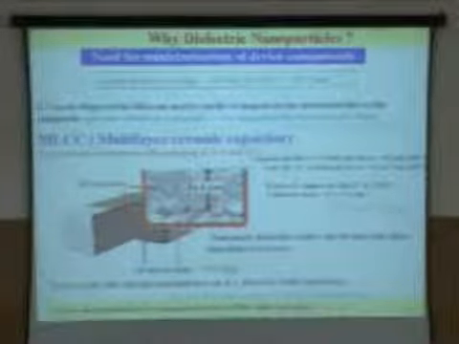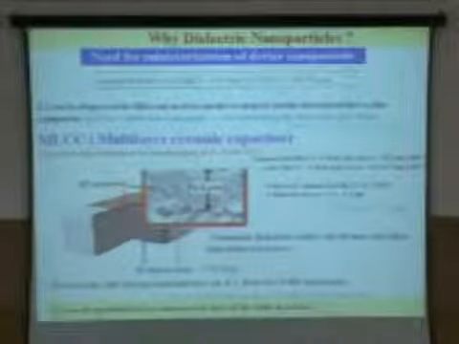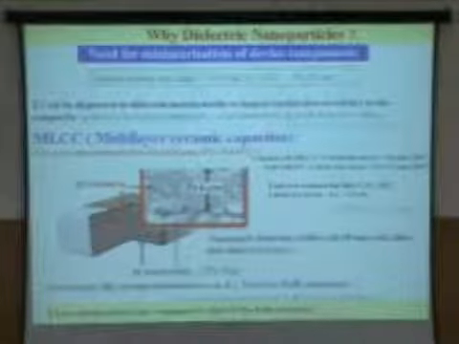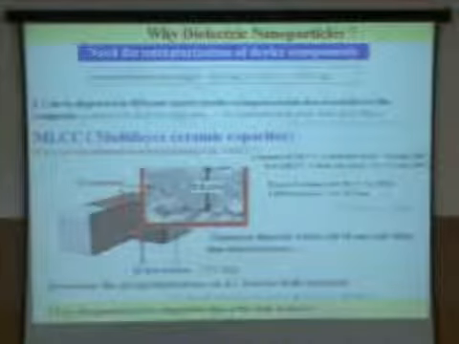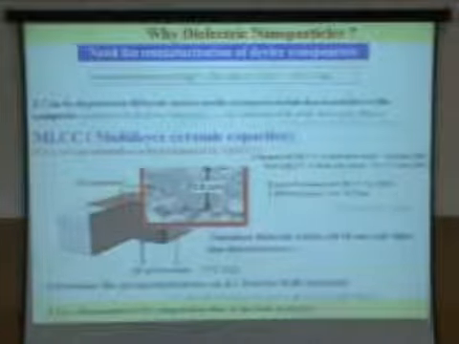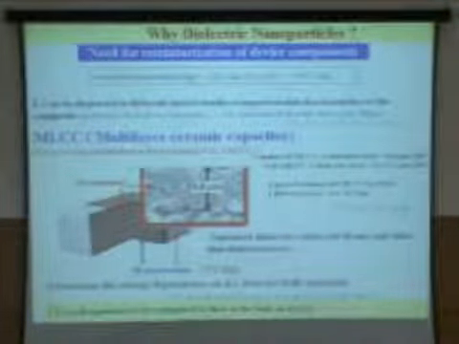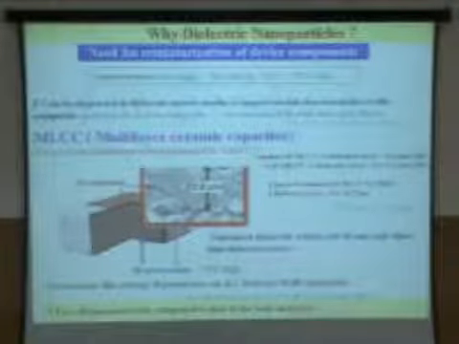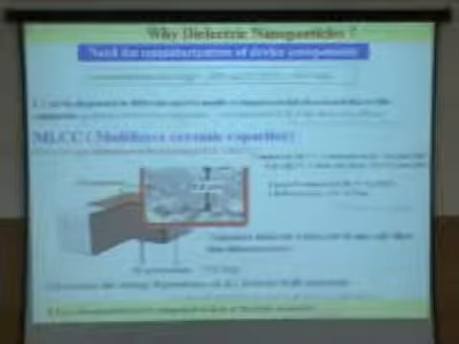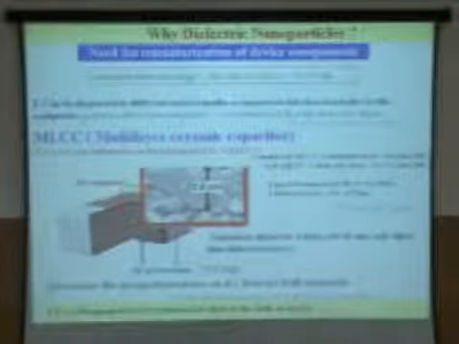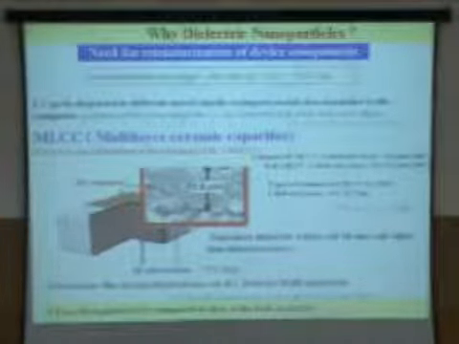And the problem is you have to control not only the barium titanate, which is the basic material, you also have to control the nickel or palladium or silver electrodes within the multi-layer capacitor. And if you reduce the size of the particle, the DC bias, which is very important, can be reduced.